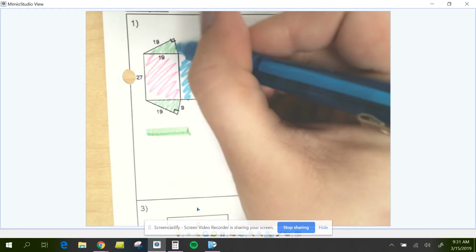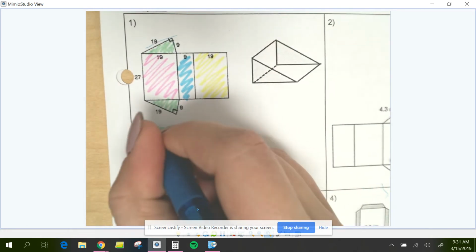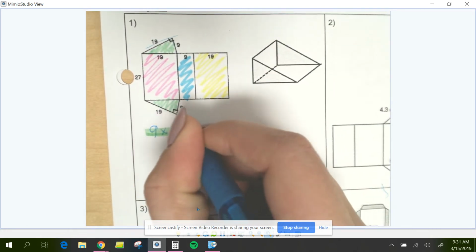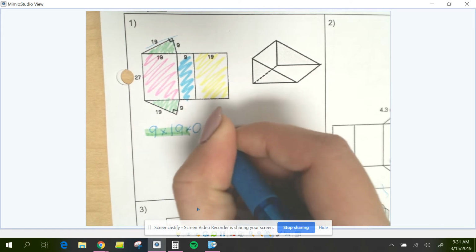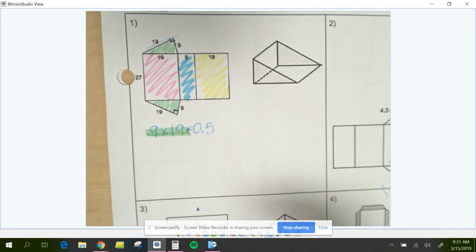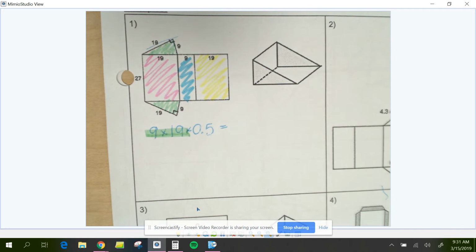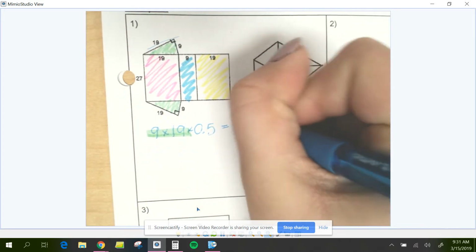And I'm going to do 9 times 19 times 1/2, which is the same thing as dividing by 2. 9 times 19 times 1/2 or 0.5, I get 85.5.